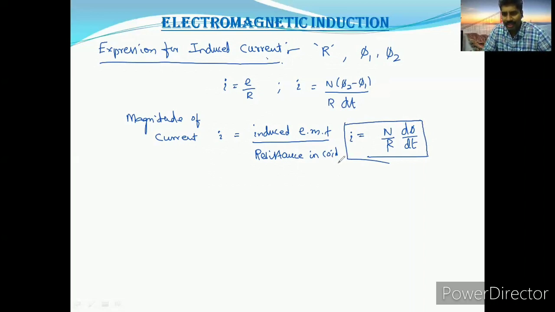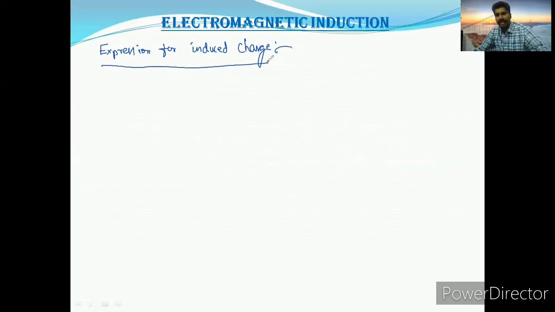Next, one more case is there: the expression for induced charge. See here, the amount of charge induced in that coil. Now only we wrote I is equal to E by R according to Ohm's law.